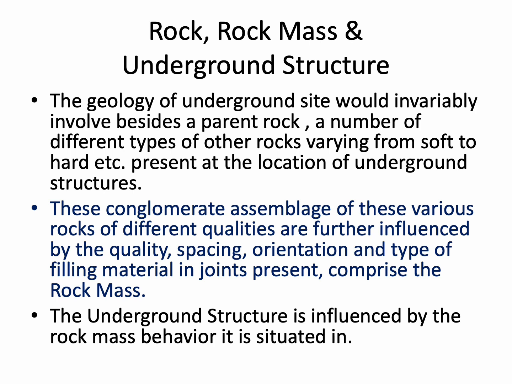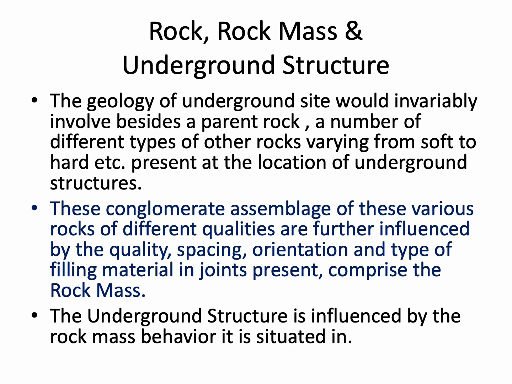I'll start with describing the three elements of underground structures, which are rock, rock mass, and underground structure itself. The geology of underground site would invariably be involving, besides a parent rock, a number of different types of other rocks varying from soft to hard, etc., present at the location of underground structures.